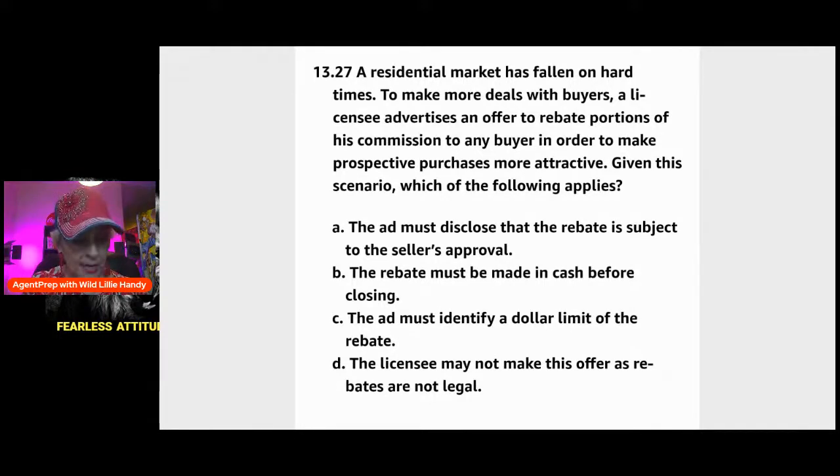Now, sometimes we don't do advertising. We do it at closing in order to save a transaction, to save a deal. So if payment of the rebate is contingent upon a party's use of a selected service provider, the advertisement also must contain a disclosure that payment of the rebate is subject to restrictions.